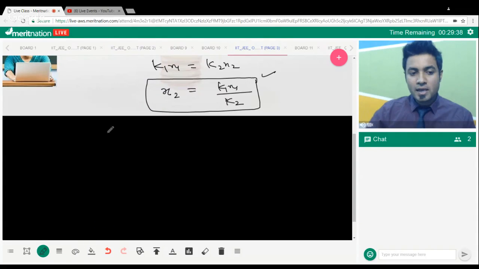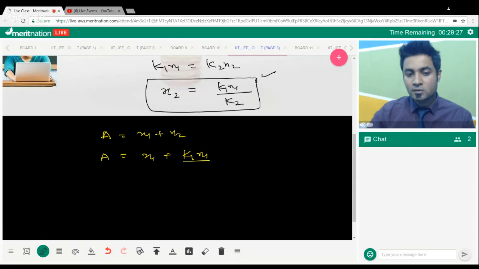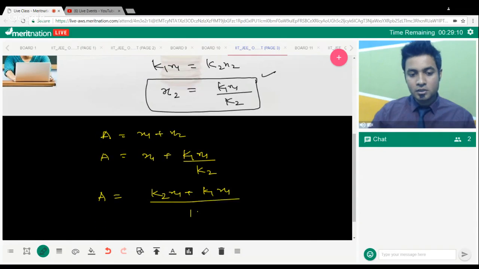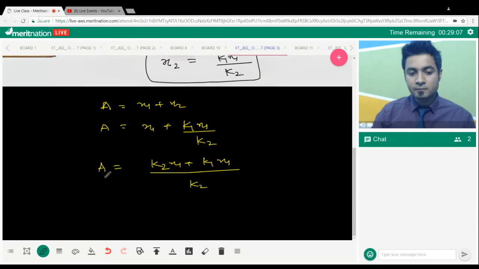So A is what? x1 plus x2. A is equal to x1 plus x2. What is x2? x2 you can write in terms of this one, k1 x1 upon k2. So what you are getting is k2 x1 plus k1 x1 upon k2, right?